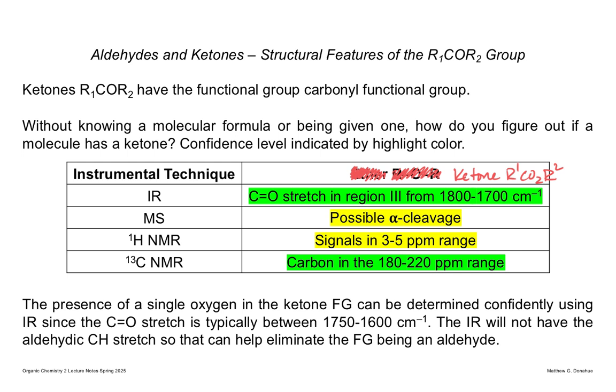So whereas the aldehyde had a lot of signatures from the spectroscopic data, the ketones are a little bit murky because ketone IR, for the most part, will look like an ester IR. And so you have to do a little bit more digging to figure out, okay, does the molecular formula have 1 or 2 oxygens in it?